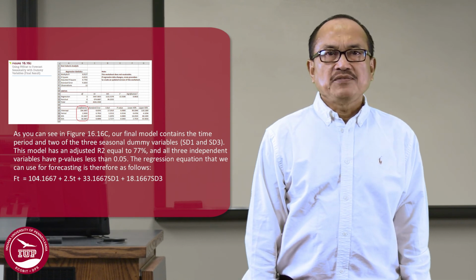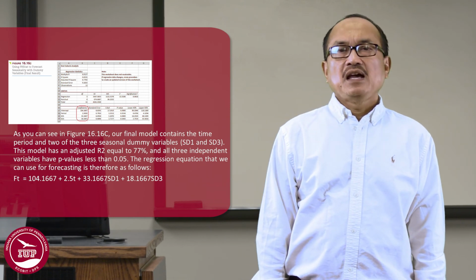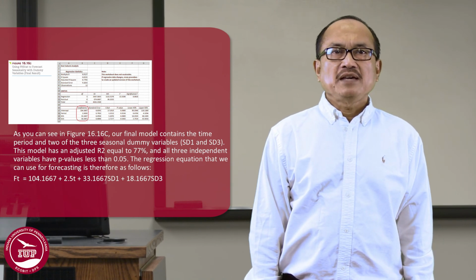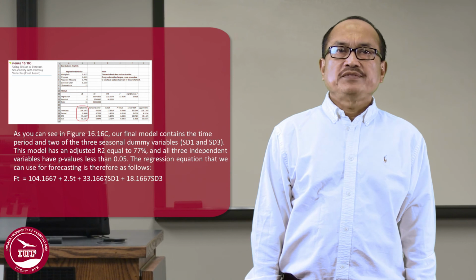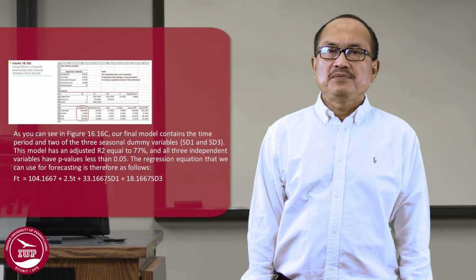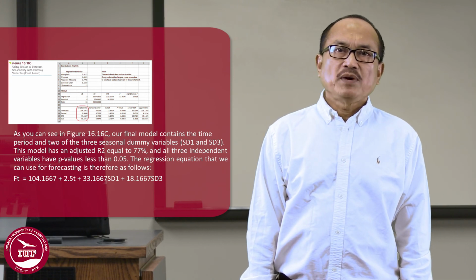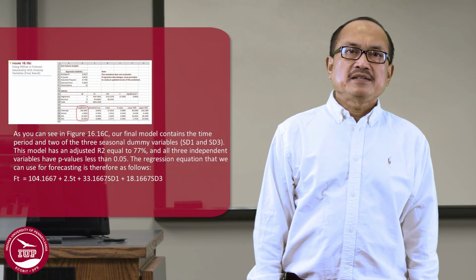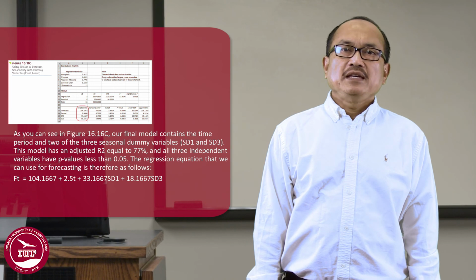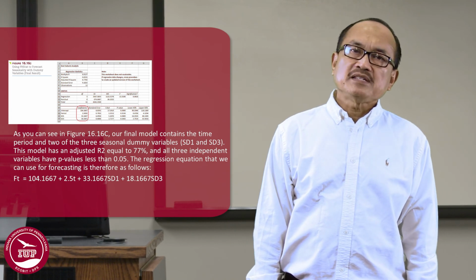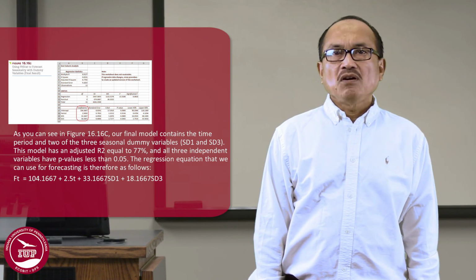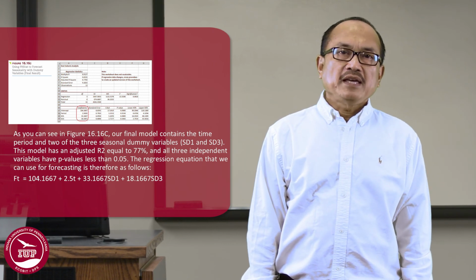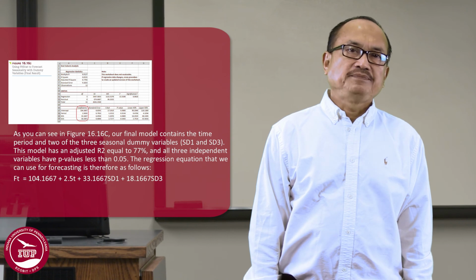As you can see in figure 16.16c, our final model contains the time period and 2 of the 3 seasonal dummy variables, SD1 and SD3. This model has an adjusted R-square equal to 77%, and all 3 independent variables have p-values less than 0.05.